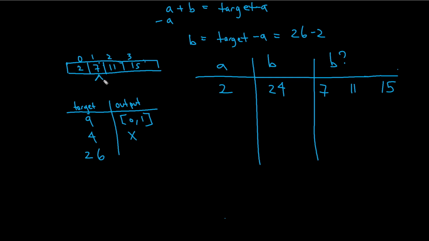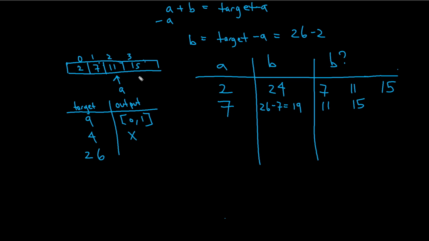Next, we say A is equal to 7, and we need to look for B among the remaining elements 11 and 15. So B is equal to 26 minus 7, which is equal to 19. And 19 is not equal to 11 or 15, so we need to go to the next iteration.